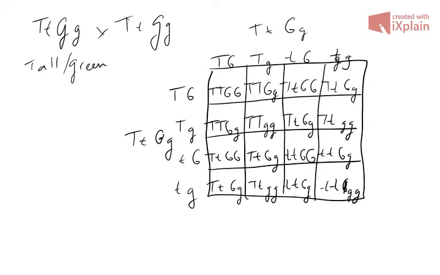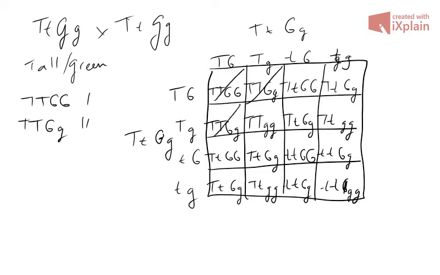And then what a Punnett square really tells us is probability. So when you start to look at this, you say, well, what are our possible genotypes? Well, we have big T, big T, big G, big G, and we have one of those. Then we have big T, big T, big G, little g, and we have one here and one here.